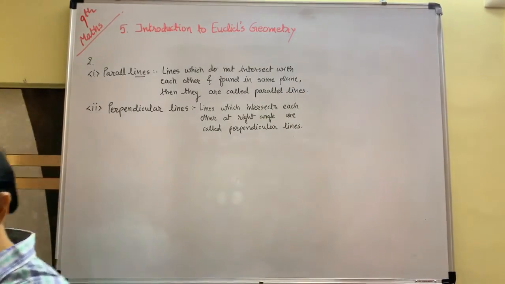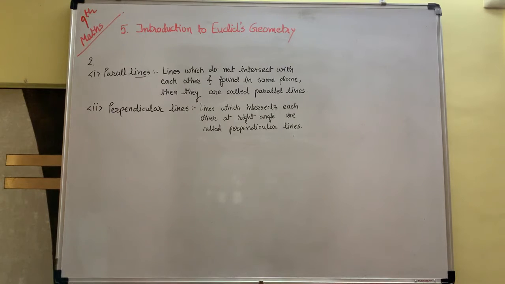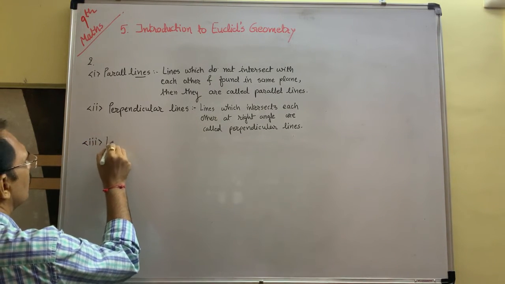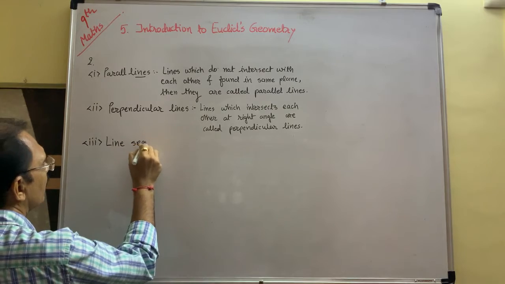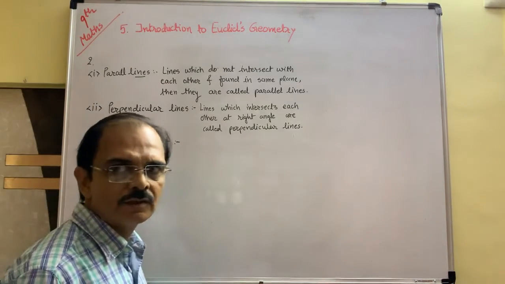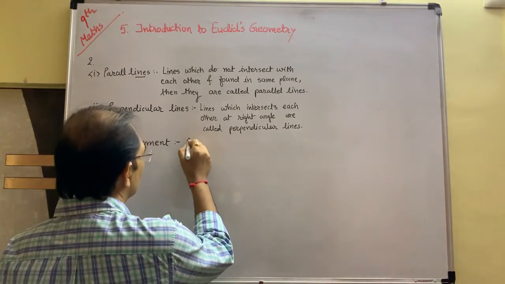Okay, write down this one also. Third is line segment. A line having two endpoints, which means it is not infinite.